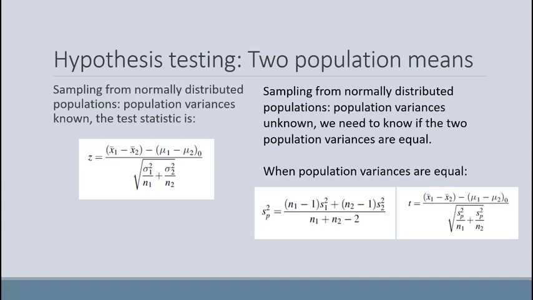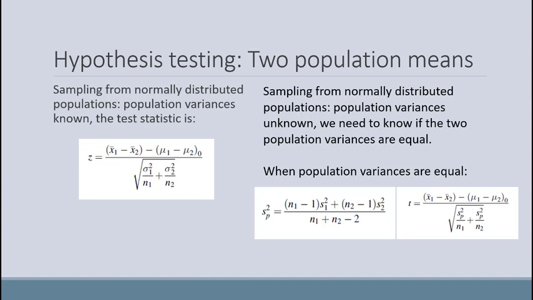When the population variances are unknown but assumed to be equal, we recall from chapter 6 that it is appropriate to pool the sample variances by calculating the pooled variance. And we use the pooled variance to calculate the test statistic. One thing worth mentioning is the degrees of freedom, which is n1 plus n2 minus 2.